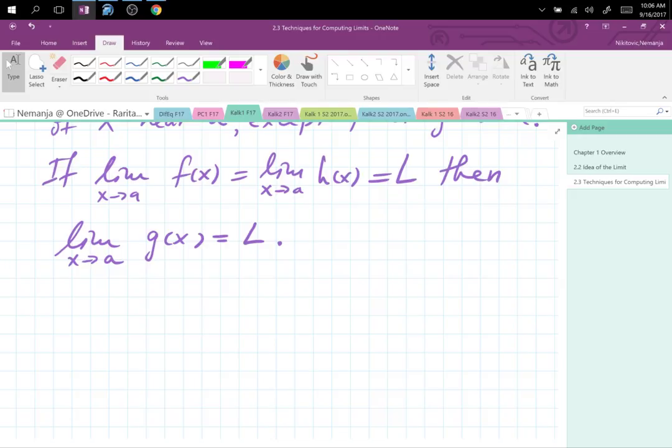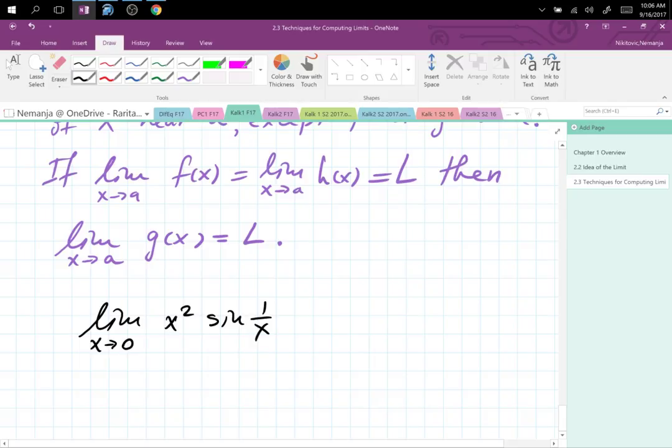They provide very few examples. So say you are interested in the limit of x squared sine 1 over x as x goes to 0. You can't factor, you can't rationalize.